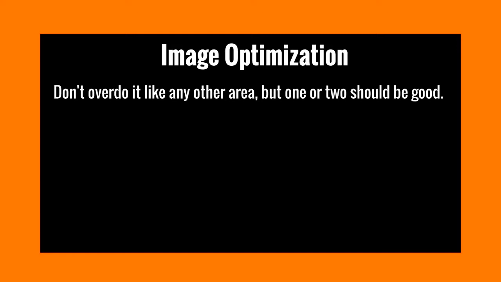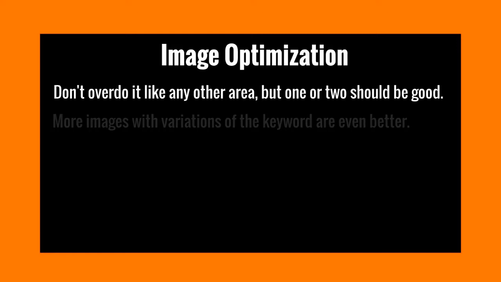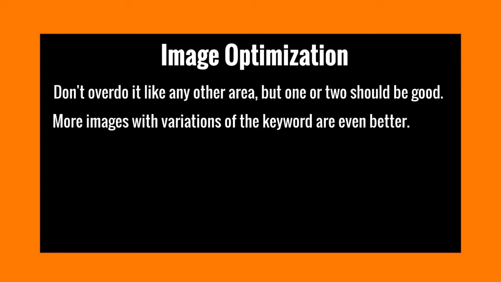So that is why making sure that your keywords and your images fit and they're accurate is important, but you don't want to overdo it in any other area. But 1 or 2 should be good, 3 or 4 should be fine, but you definitely don't want to overdo it. Now, like I said, more images with variations of the keyword are even better.